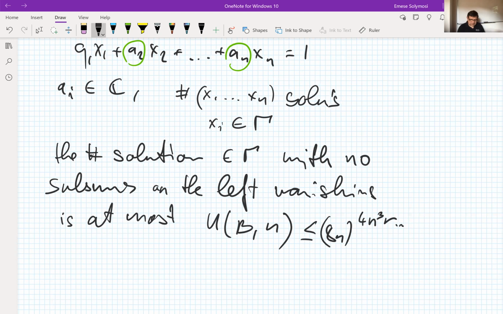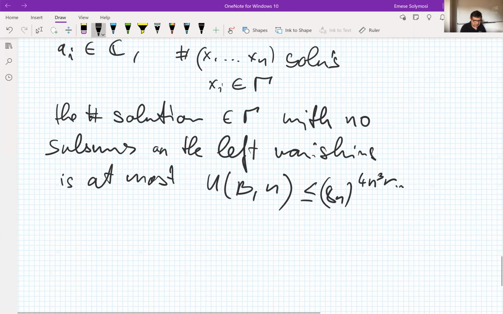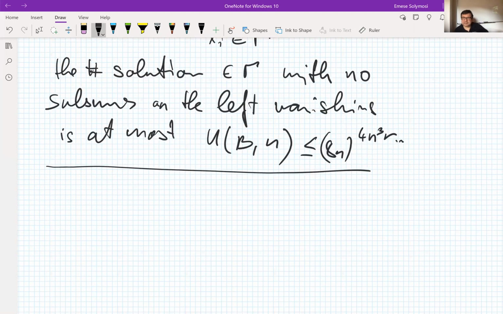Right, so this is not that terrible, and the time is running pretty fast. So let me show you how to use this for the unit distance problem. And here you have to use the fact that we are talking about the Euclidean circle.